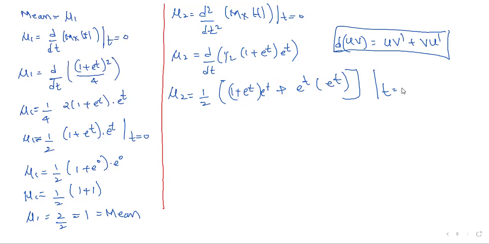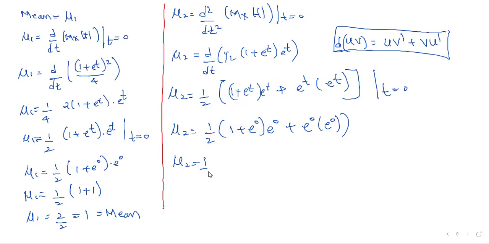Here put t equal to 0. Then mu2 equal to 1 by 2 (1 plus e power 0) e power 0 plus e power 0 e power 0. So mu2 equal to 1 by 2 (1 plus 1) into 1 plus 1 into 1. This is nothing but 1 by 2 into 2 plus 1.